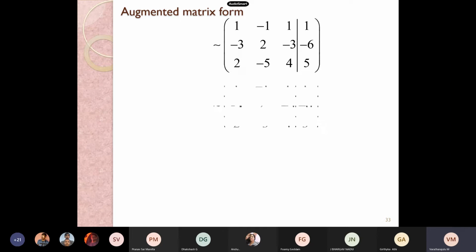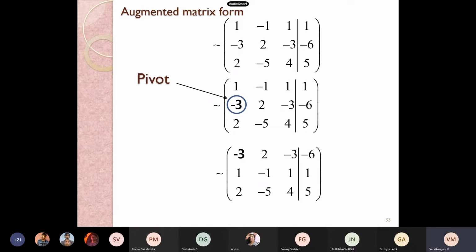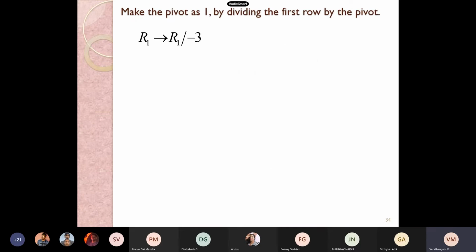The augmented matrix form: converting the coefficients into augmented matrix form, then finding the pivot and rearranging the pivot row into the first row, and then making the pivot term into 1.